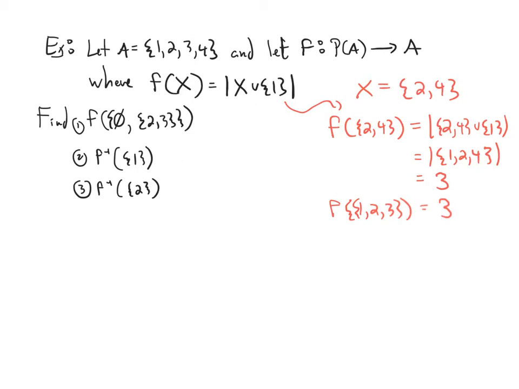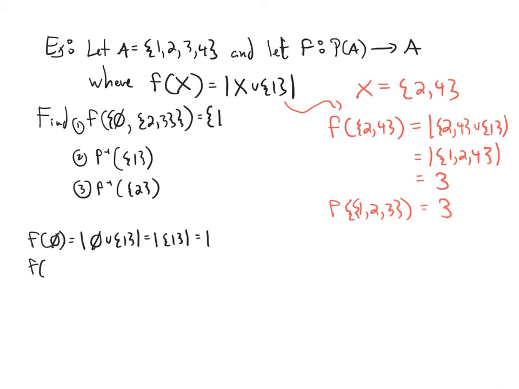Okay, now that we're back, let's put each of these sets into f. Let's find f of the empty set. Well, that is the size of the empty set union {1}. And the empty set union {1} is just the set {1}. And how many elements does {1} have in it? It has, of course, 1 element. So we have 1 in our set.